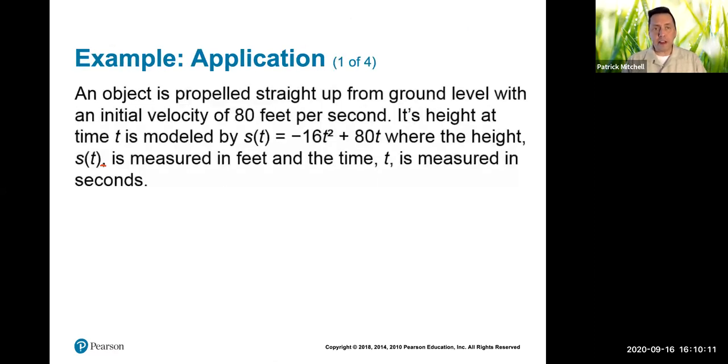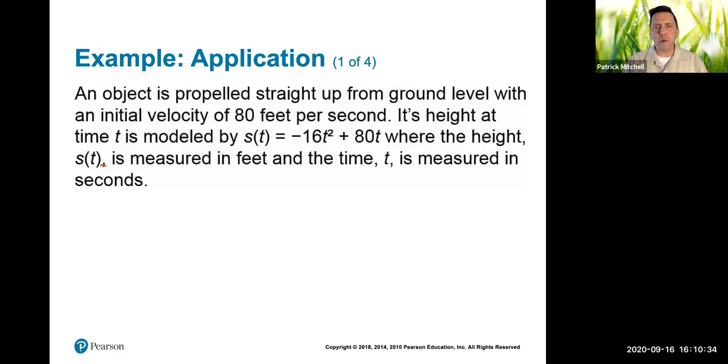So in this specific example, an object is propelled straight up from ground level with an initial velocity of 80 feet per second. So its height at time t is modeled by s of t equals -16t squared plus 80t.